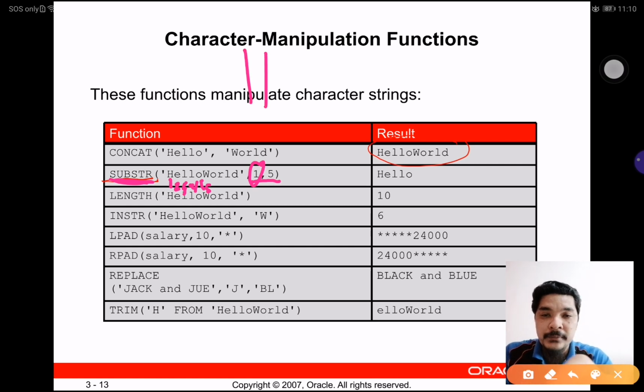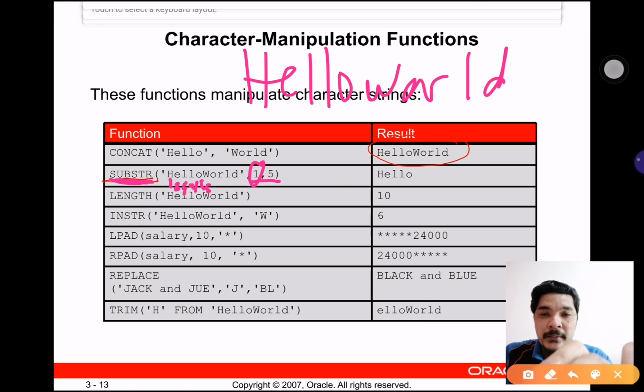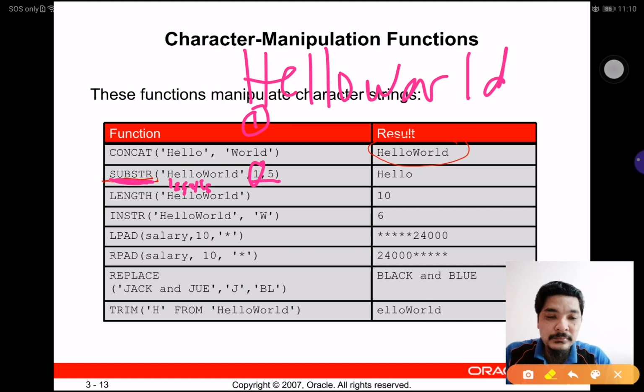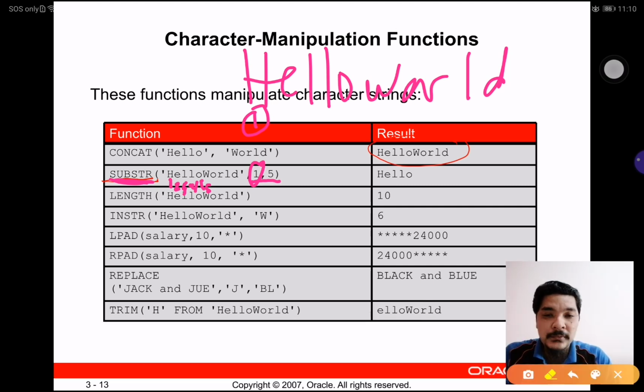I put hello world here. This is character number 1. This is character number 2. This is character number 3. This is character number 4. This is character number 5.